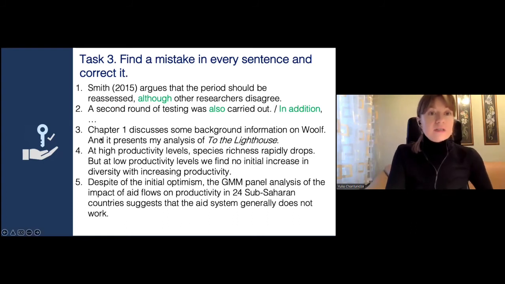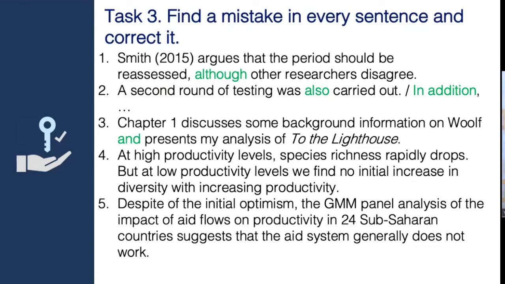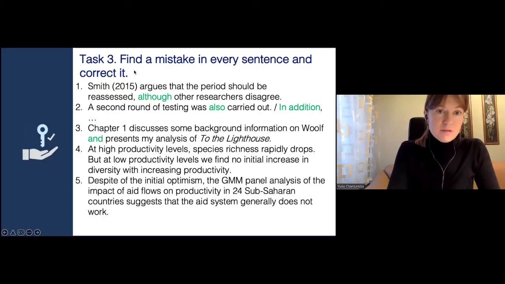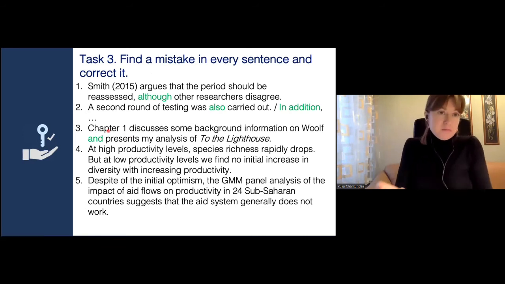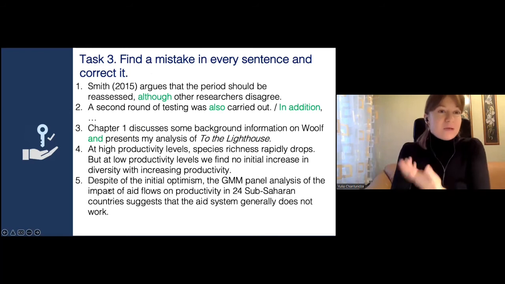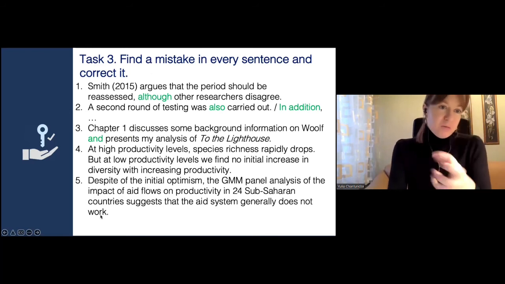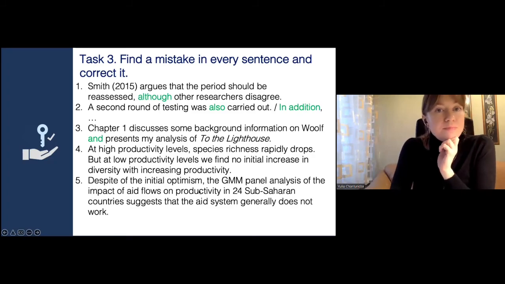The third, chapter 1 discusses and presents, because these are just homogeneous parts, two verbs together. So yeah, discusses and presents. It also presents, also possible. We just need to keep in mind that we don't start with also, so we just put it in the middle of the sentence. Number 4.